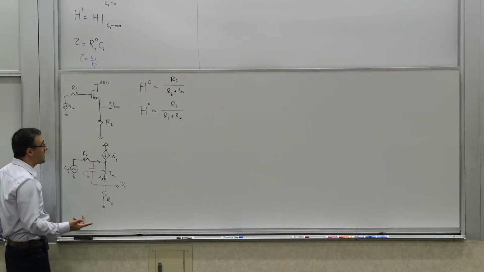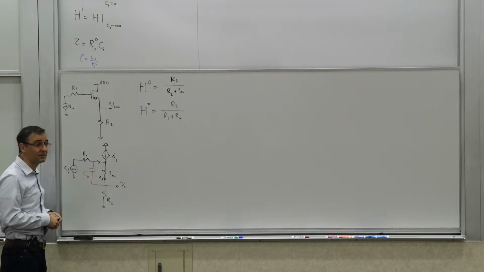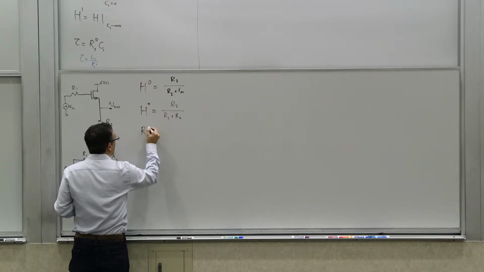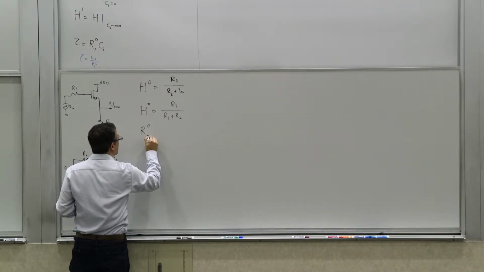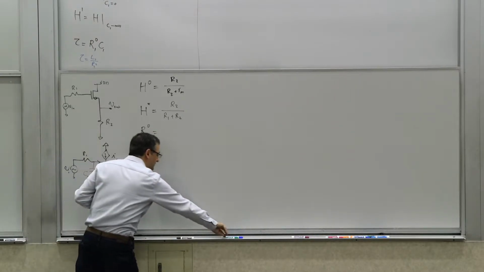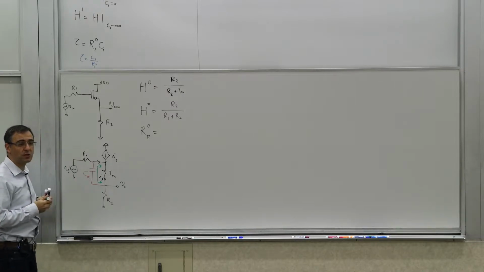And then there's one more thing that we need to calculate, which is the resistance seen here, right? In our notation, it would be called R pi 0, right? So R pi 0 is the resistance that's seen by this capacitor when the independent sources are nulled.